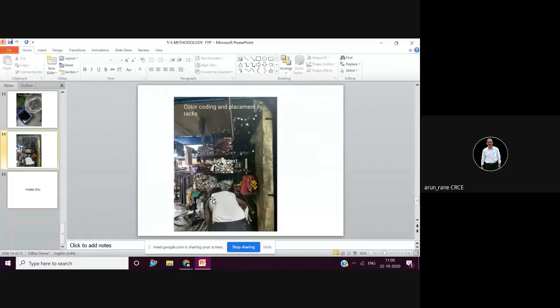So this is how they stack the round bars, and they do the color codes. So once you know the color, now see here it is yellow, here it is white, here it is dark gray. So from the color itself, you can understand whether it is EN24, EN36, EN1A, and like that. Okay, so if you have any doubt, you can ask.